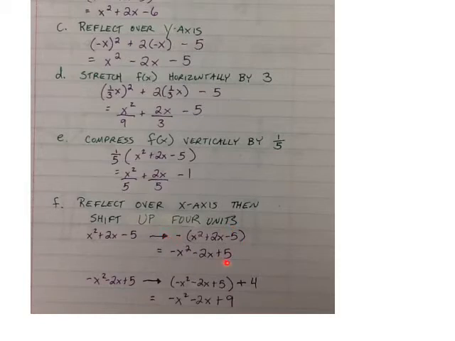I distribute that negative, and then I'm going to take that first transformed function and shift it up 4 units. So I have the function, add 4 to the end, and get a simplified answer. Something that I encourage you to experiment is to see if this transformation would yield the same answer if you first shifted it up and then reflected it over the x-axis.